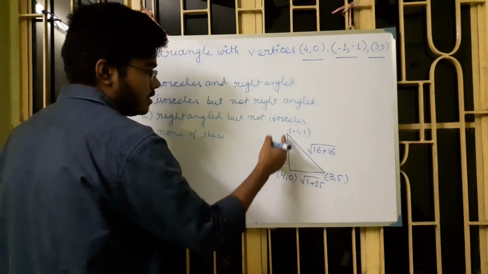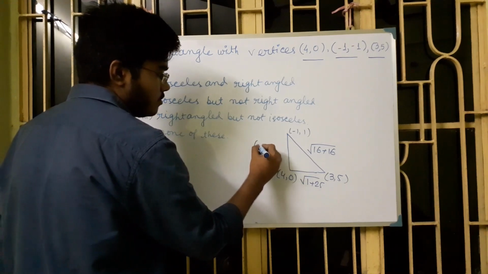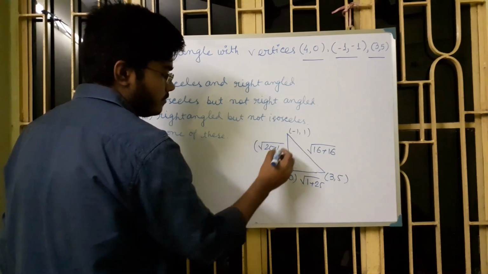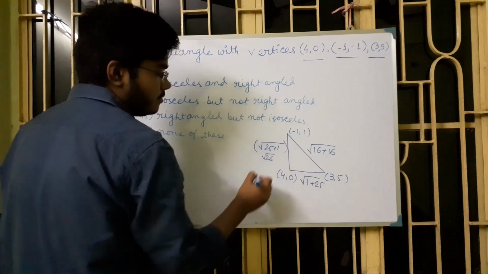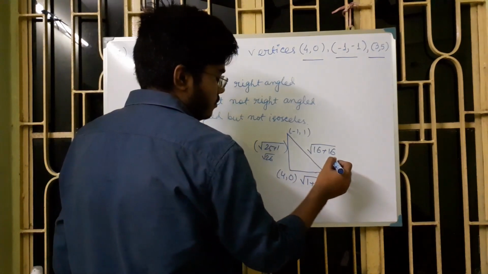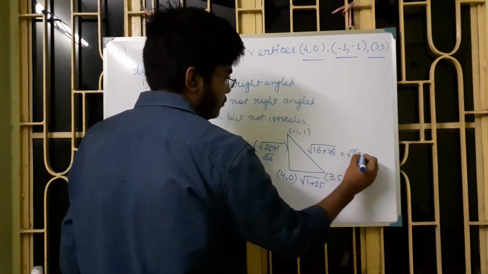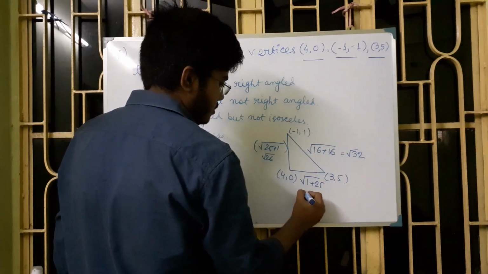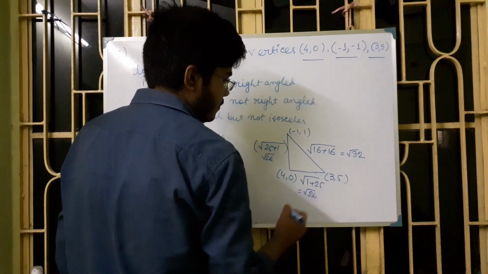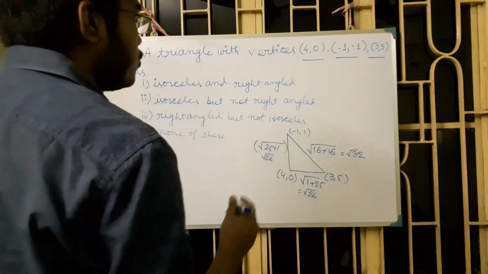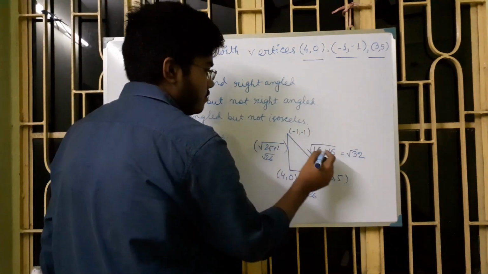And this is (4 plus 1) whole square, that is 25, plus (0 minus 1) whole square, which is 1. This is root 26, root of 32, and this is root of 26. Oh sorry, this is minus 1, extremely sorry.